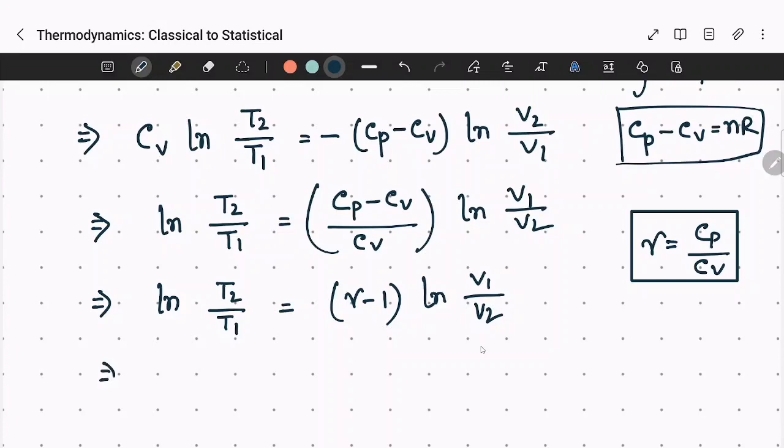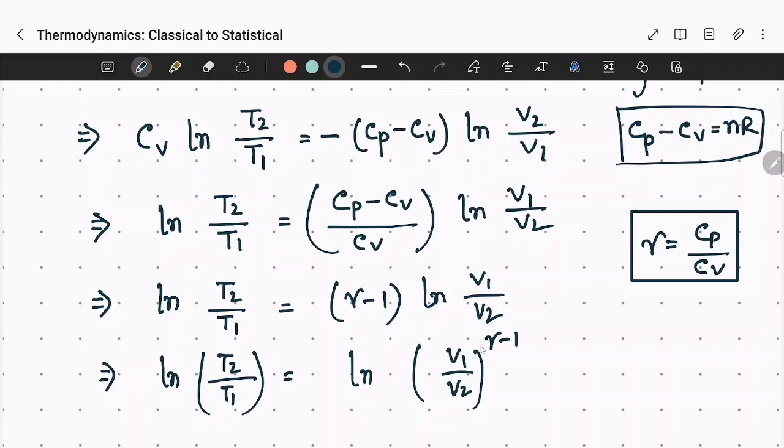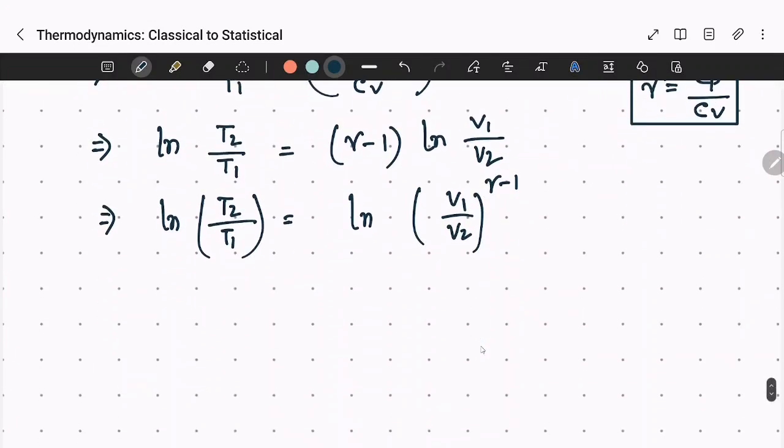Clear? So ln T2 by T1 equals ln of (V1 by V2) to the power gamma minus 1. We can write it because when we take the log, gamma minus 1 comes out in front of ln V1 by V2. Now if you take the antilog, we can write T2 by T1 equals (V1 by V2) to the power gamma minus 1.